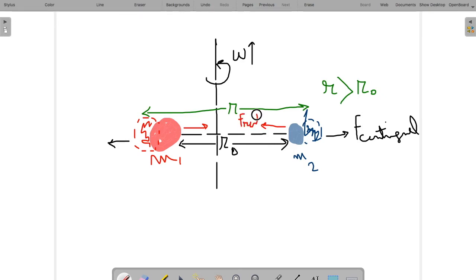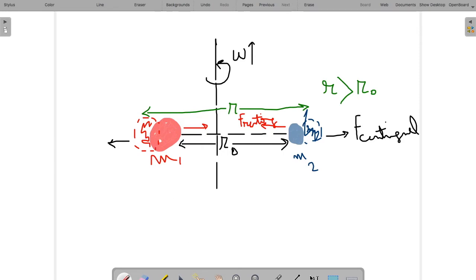The more the angular velocity increases, the two atoms try to move apart, but then there is a restoring force that tries to keep them back together. So it's like a spring that has a certain spring constant.